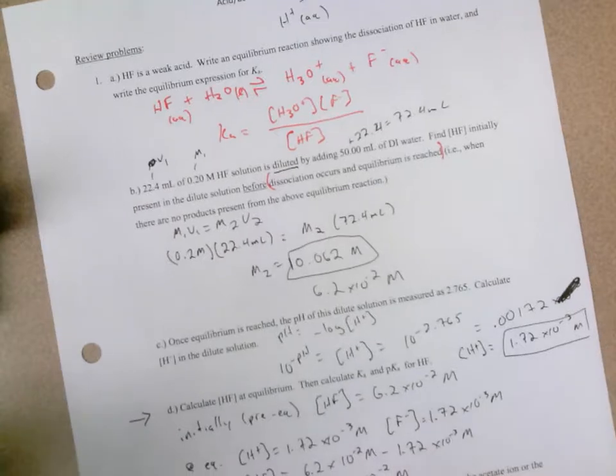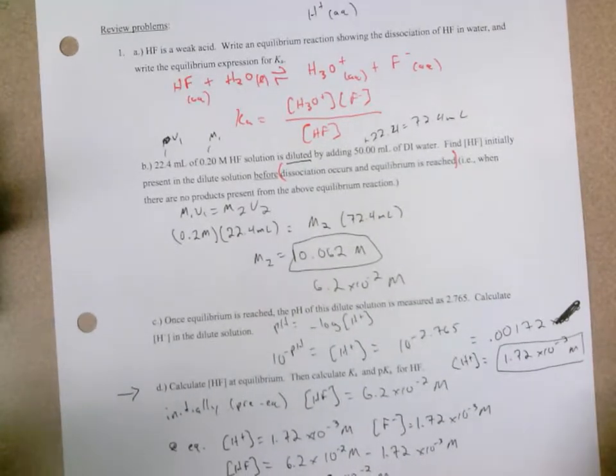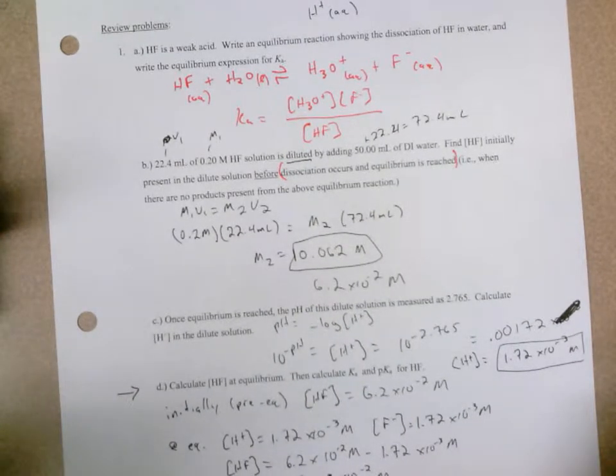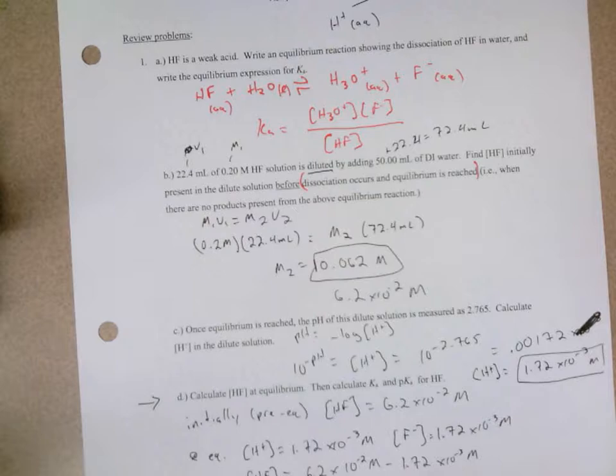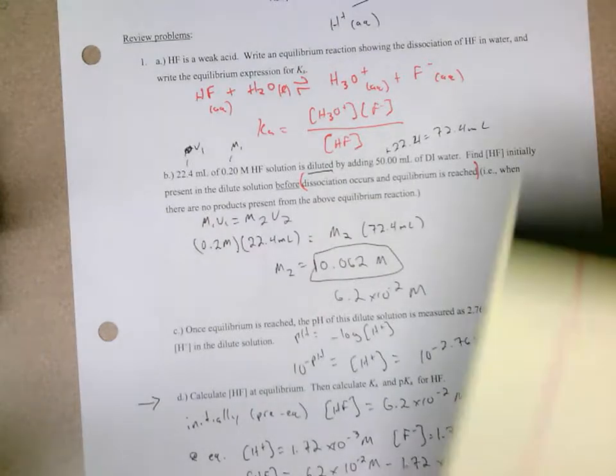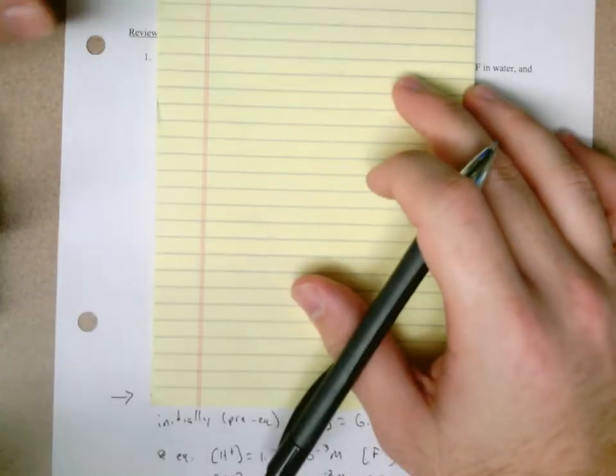Now it says calculate the Ka and the pKa, which we maybe don't quite have enough room on here to do now. Let's just bring this guy out. Okay, so if we want to calculate the Ka and the pKa for this problem, let's get everybody in the frame.